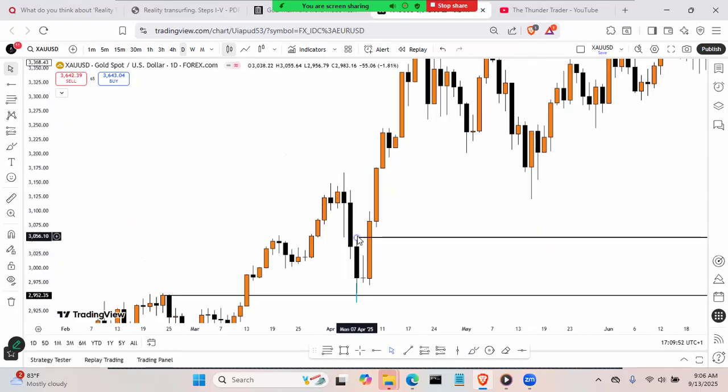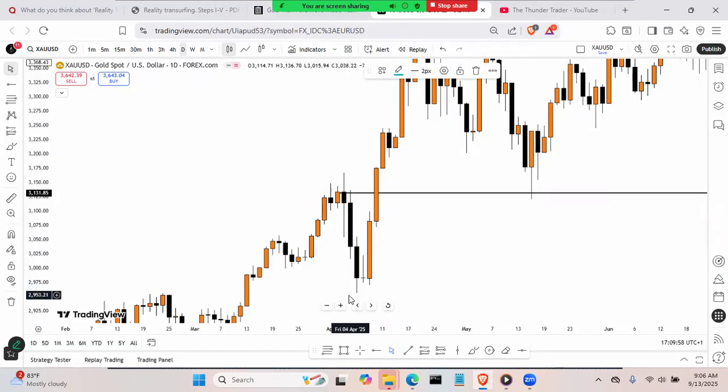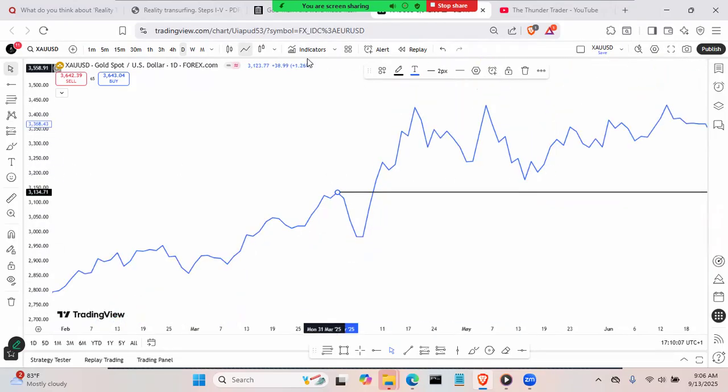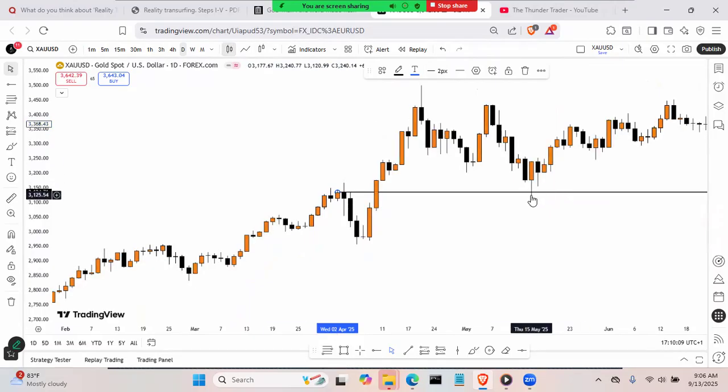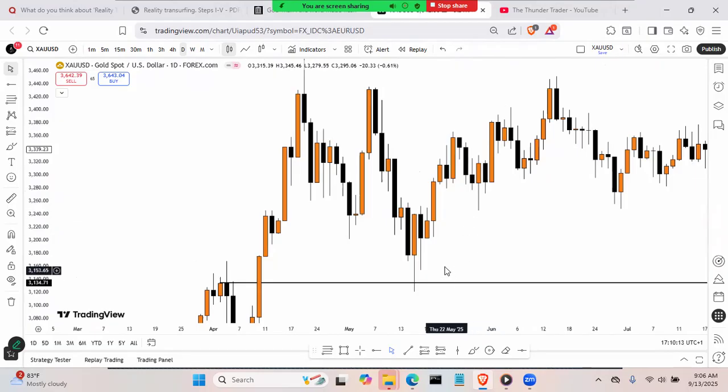What about this level here? Let me show, look at this. This is a level here. The same thing that I was expecting down here that didn't work out, I got another opportunity. So this is also a level. You can see how price came down to it and dipped into it. When price dipped into it, what you want to see is the next candle closing above this yellow one where my hand is pointing.